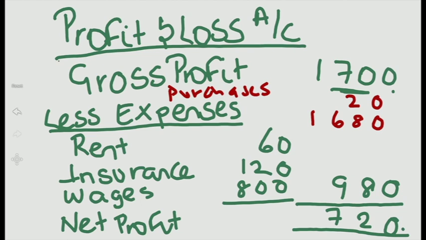Our net profit will therefore be less; it will end up being 1,700 instead of the 720. That is an effect on our net profit. Although it was not direct, it was indirect, it did have an effect on our net profit.